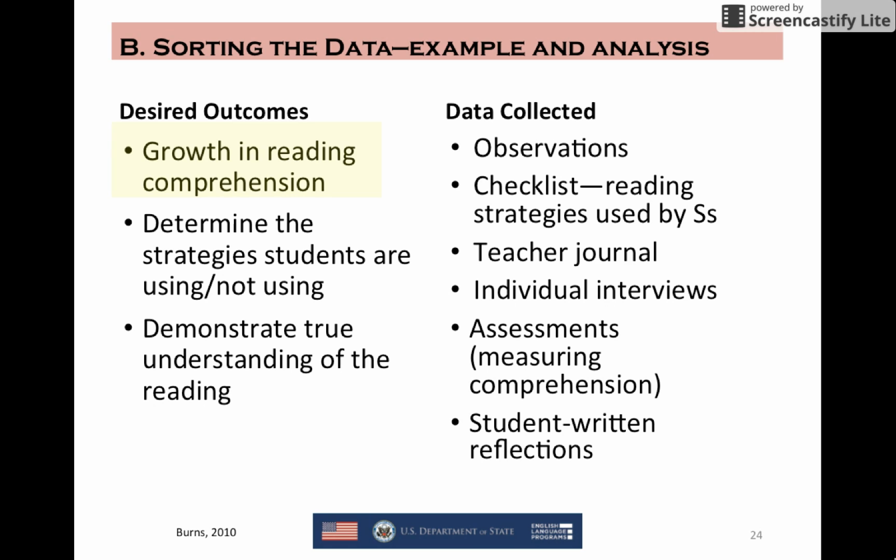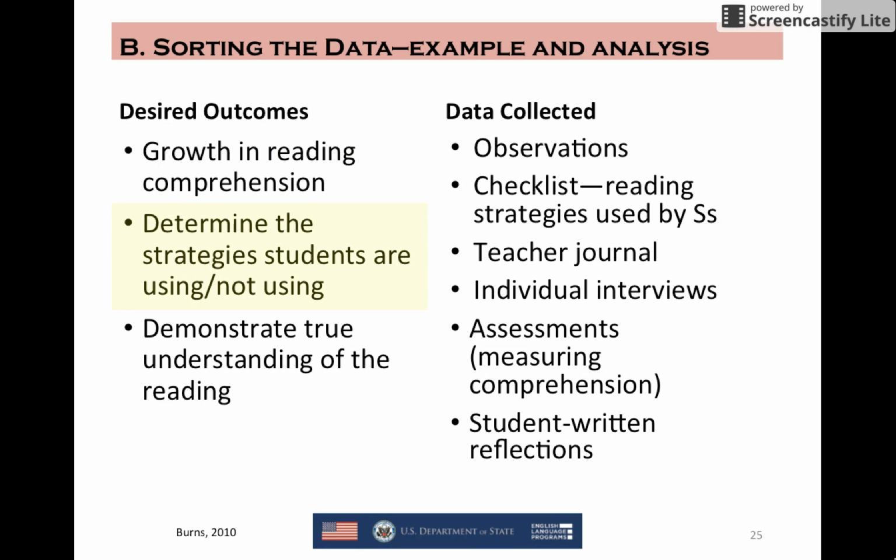So for example, which data can she use to see if students have experienced growth in their reading comprehension? Assessments, especially because the teacher conducted pre, during, and post assessments throughout her action research. Which data can she use to determine the strategies students are using or not using?